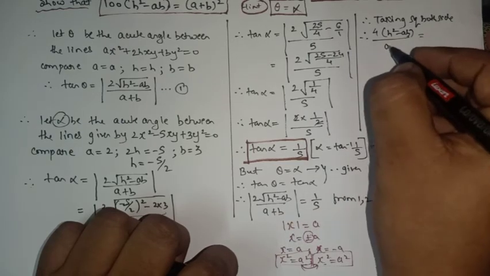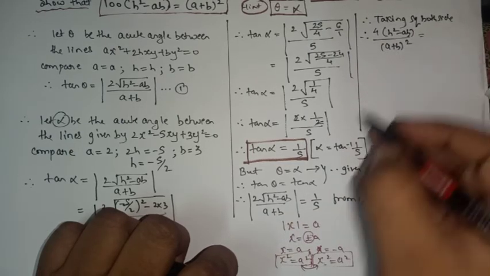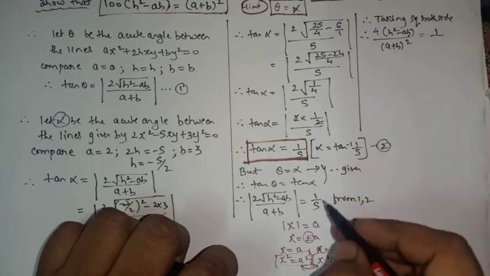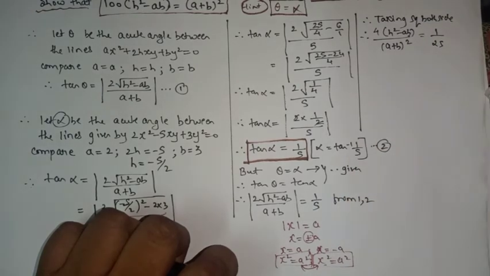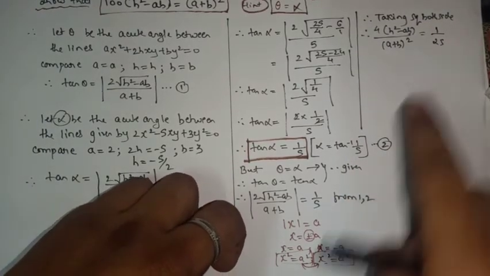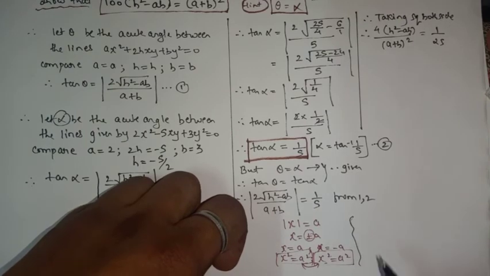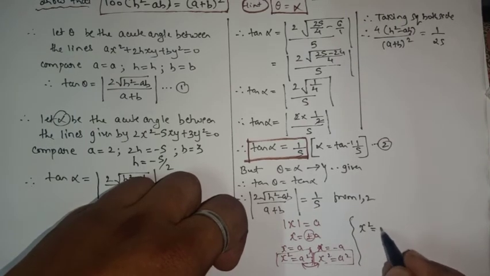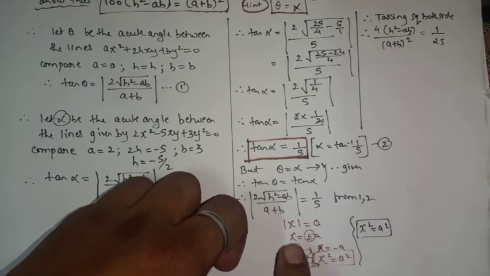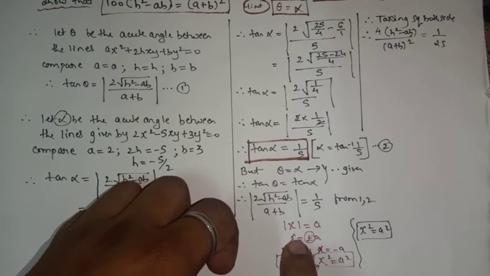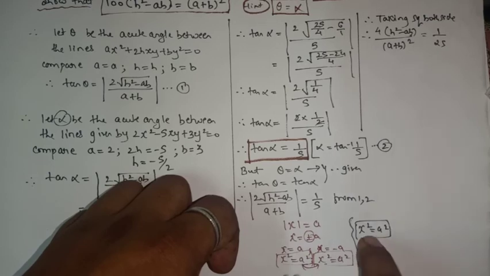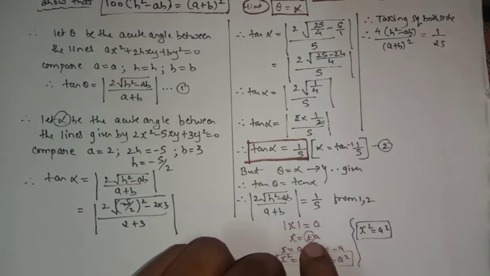A plus b the whole square. 1 square is 1 and 5 square is 25. According to the rule, when you take mod, you get plus or minus. When you take square, you get only one answer, whether it is plus or minus.